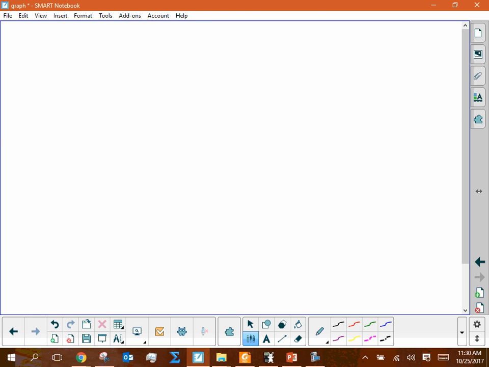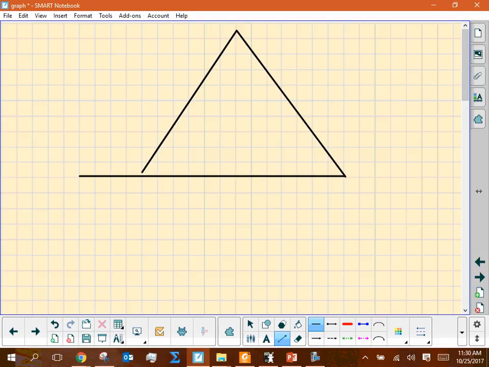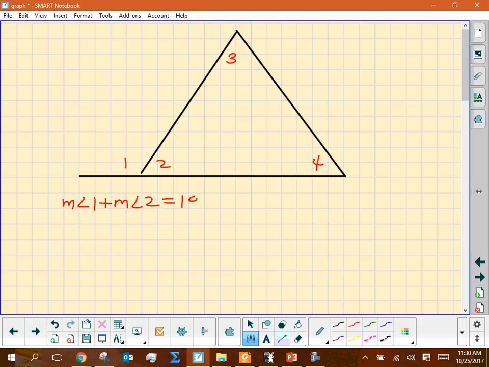But here's the logic. Let's say I give you a triangle. We're not going to do the proof, but this is kind of the algebra that you would go through for the proof of the exterior angle theorem. If I have those four angles, okay, what are you going to tell me about angle 1 and angle 2? Okay, so measure of angle 1 plus measure of angle 2 is equal to 180.